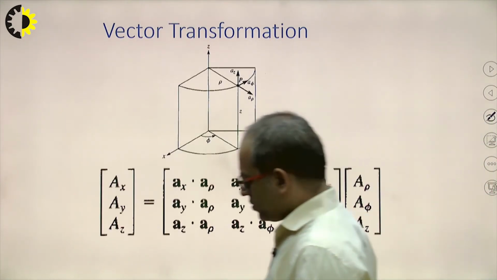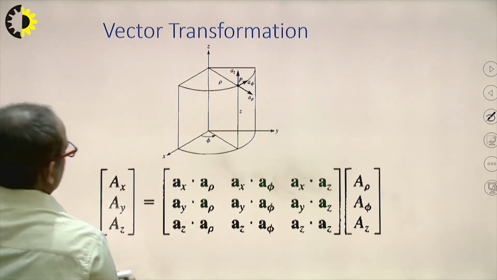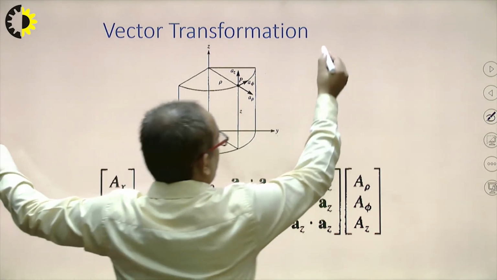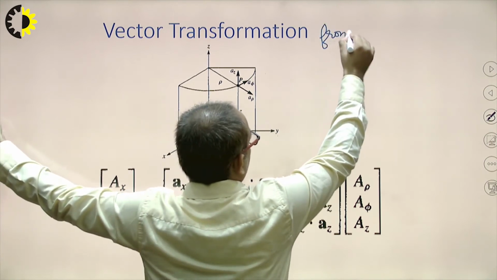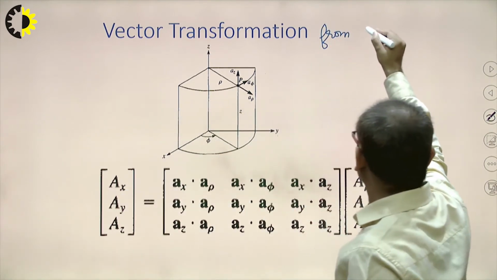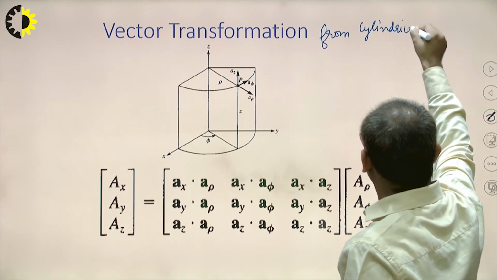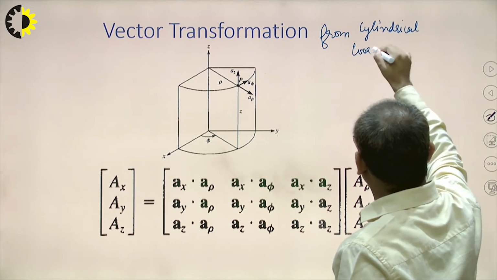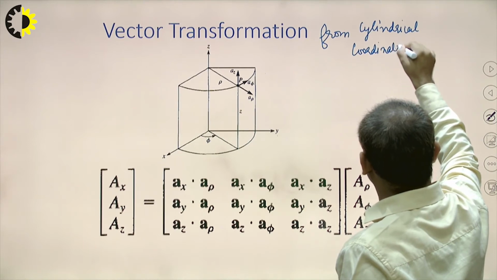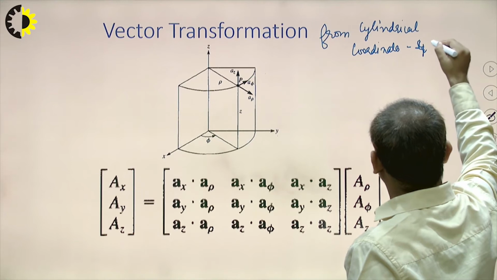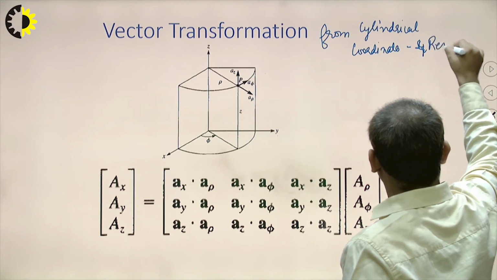Now this represents the vector transformation from the cylindrical coordinate system to the rectangular coordinate system.